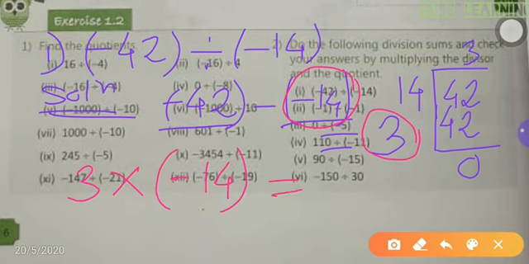In the previous class I said plus into minus is minus, minus into minus is plus, and minus into plus is minus. One is positive, one is negative, so we will get negative. 14 into 3 is 42.